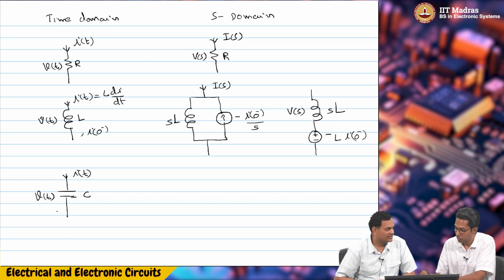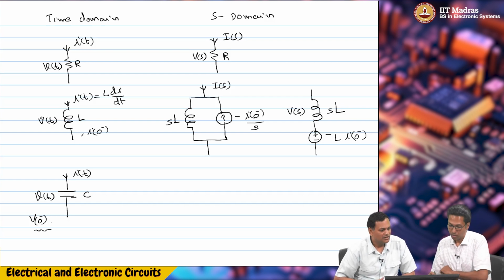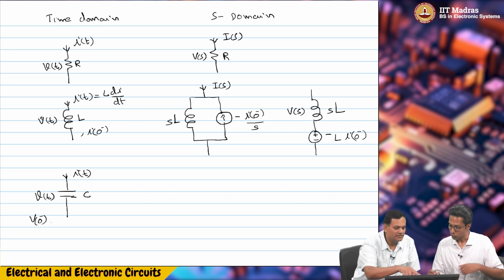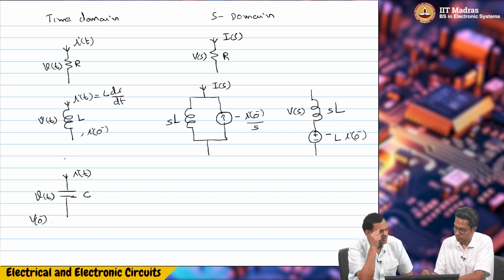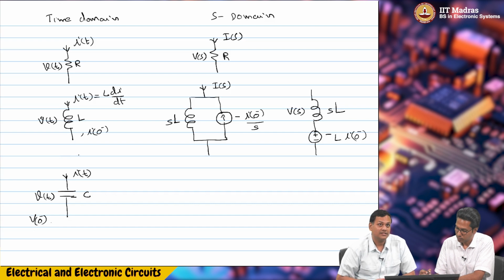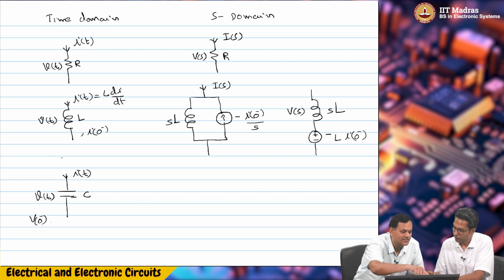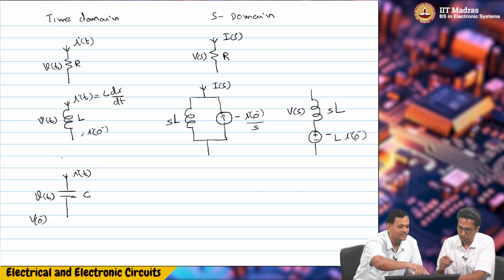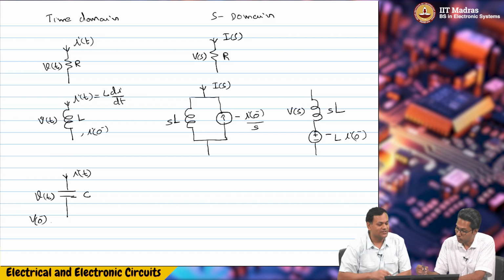V of 0 minus will be the better, normal way. So this will also be available. And shall we also write the expression in the time domain? We want to write it as 1 by C integral, C dV by dt. Oh, by the way, I think this is V of t equals L di by dt. I think we should correct that. Sorry, I just noticed it.